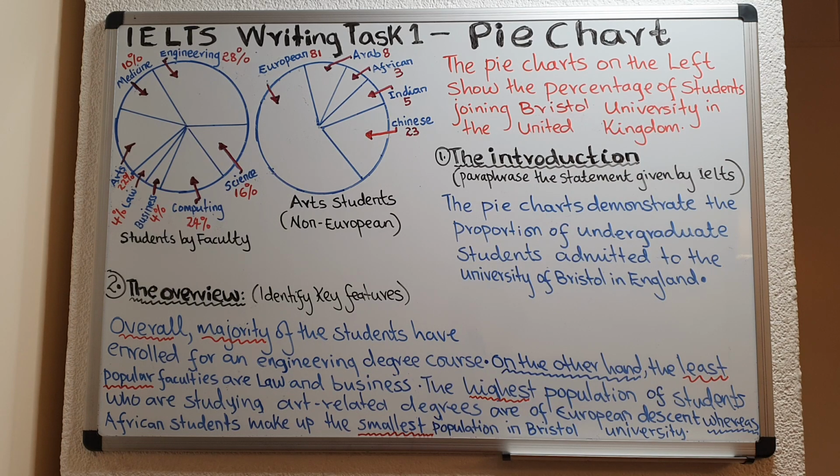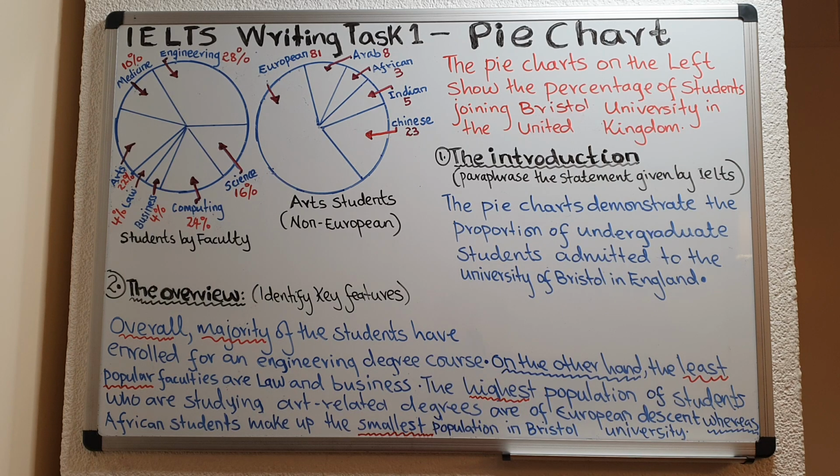And then 8 of the students come from Arab countries. 3 of the students come from African countries. 5 of the students come from India. And we have 23 students who are Chinese. Okay?